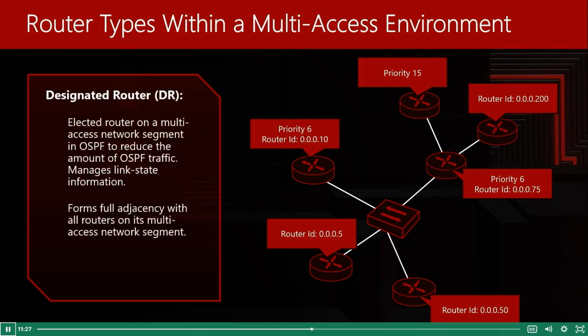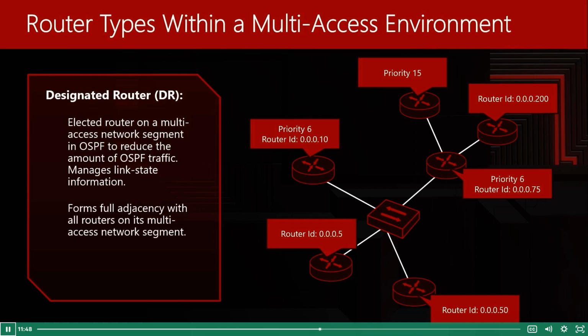The designated router is going to be elected either by the highest priority that we could set, and if not, by the highest router ID. That's why it's helpful to define it manually versus just hoping for the highest IP, which also can change with time.